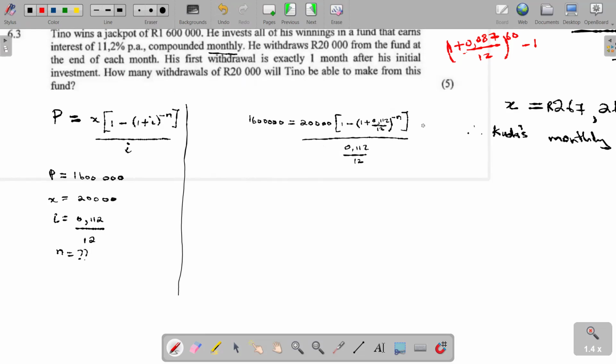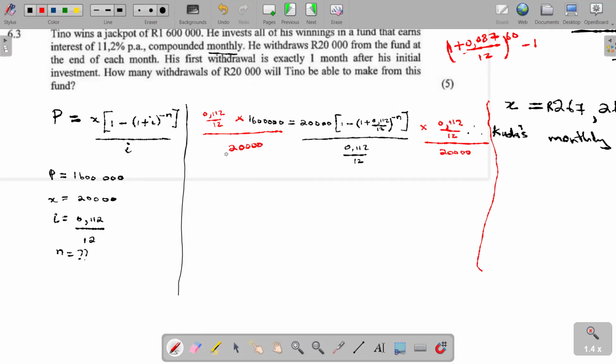So it means we are going to multiply both sides here. We multiply by that denominator, 0.112 over 12. Then we divide both sides by that monthly, which is 20,000. We are also going to do that to the left. So here it means we are also going to multiply by 0.112 divided by 12 over 20,000.